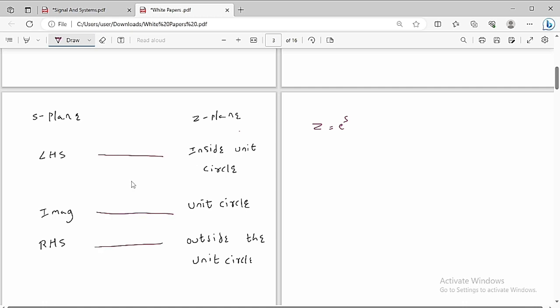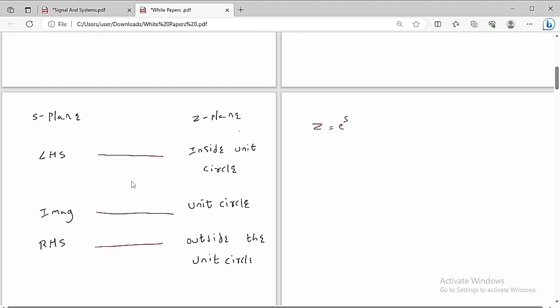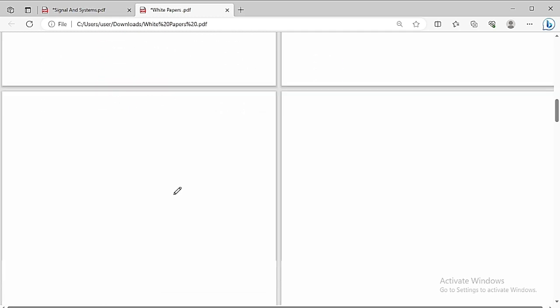So therefore we can say that all the LHS of the S plane map inside the unit circle of the Z plane, all the points of the imaginary axis of the S plane lie on the unit circle, and all the points on the RHS of the S plane lie outside the unit circle. These points you always have to keep in your mind. Finally, I will give you the graph so that you can easily understand.